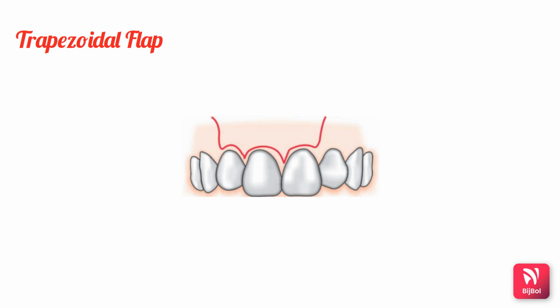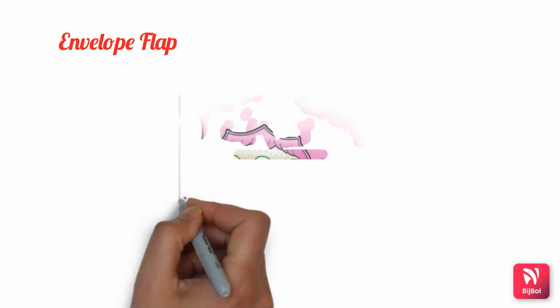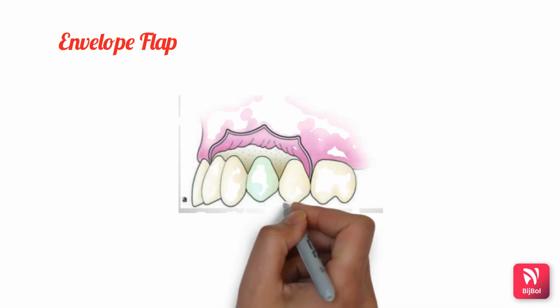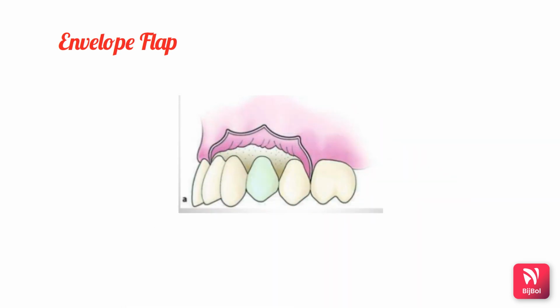So this is not very indicated in periradicular surgery. The envelope flap is formed by a single horizontal intrasulcular incision and is usually recommended for corrective endodontic surgeries. It is useful for perforation defect cases and root resection, also hemisection.